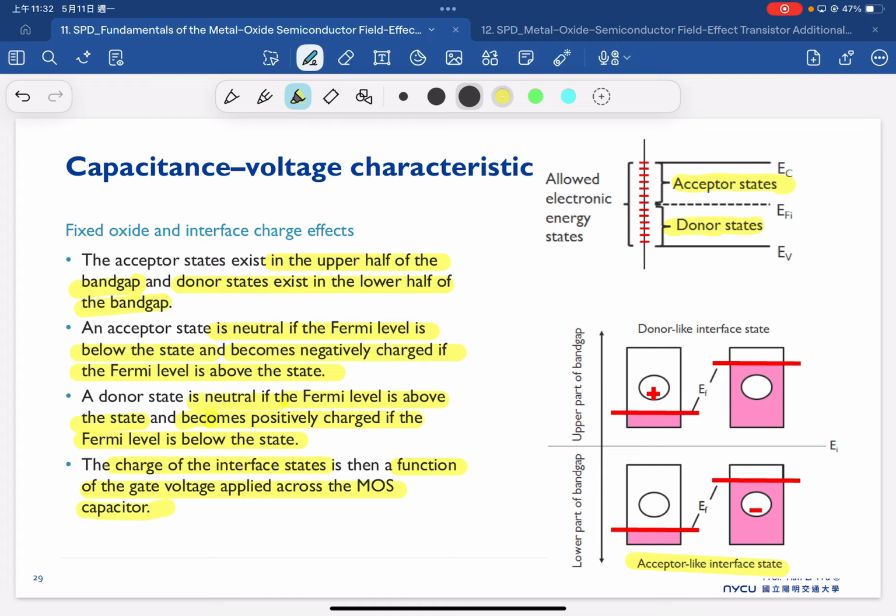So anyhow, when we talk about interface state, you should remember that there are two different kinds of state. One is acceptor, one is donor, and the acceptor and donor will cause different charging characteristics.